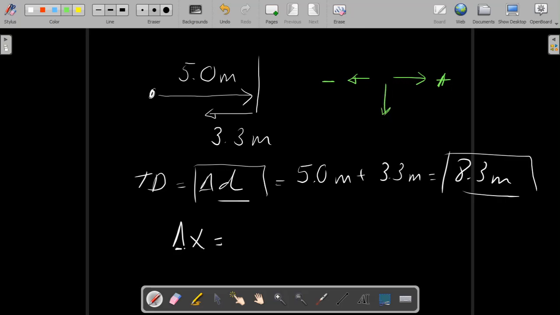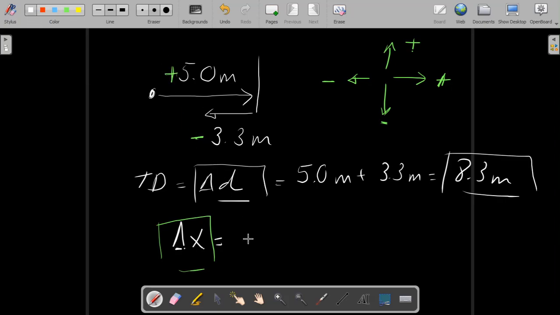Going down, you give it a negative sign. Going up, you give it a positive sign. So do that. This one, the ball rolling forward, has a positive sign. The ball moving backwards has a negative sign. So when you're calculating this vector right here, the total displacement, you need to take into consideration the signs.